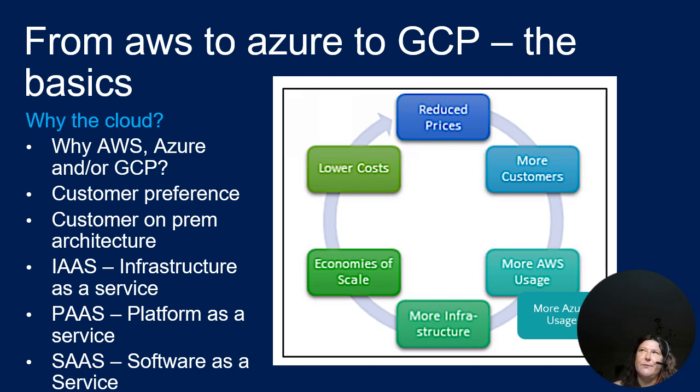So, for example, C# programmers, the C# tools like Visual Studio and Visual Studio Code, they all integrate really well with Azure. So that makes it really easy for Microsoft developers to go to Azure. So that's another preference that they might have.